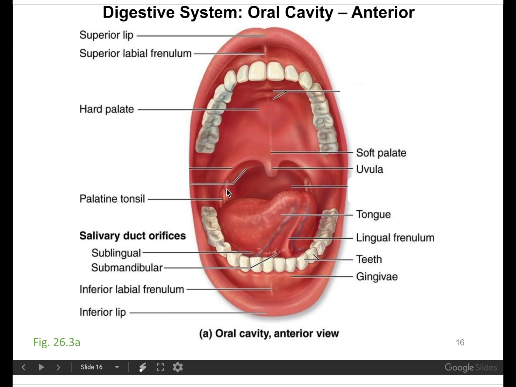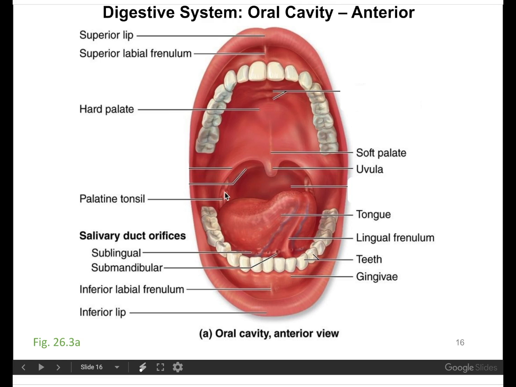So tonsils are similar to lymphatic tissue, but they're part of the lymph system, and they trigger your immune system. So if you are inhaling through your mouth or you're digesting food that has pathogens in it, they will send a signal to your immune system to respond.